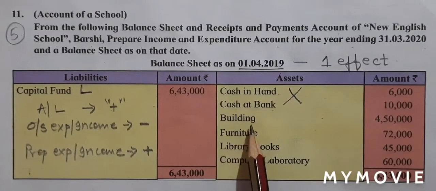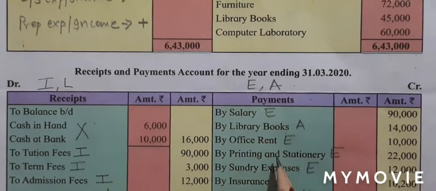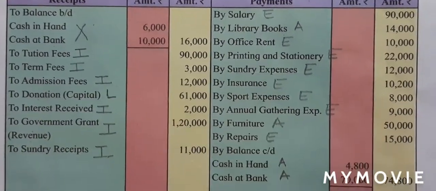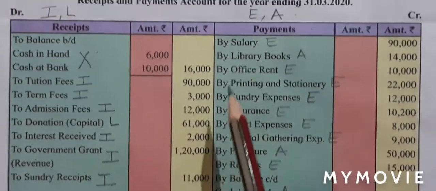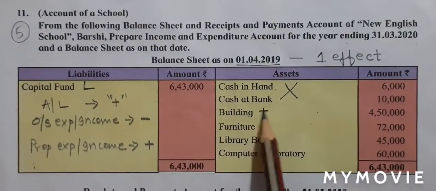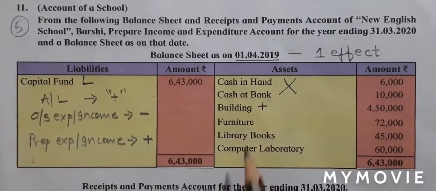Next is building. Let's have a look at the payment side. See, on the payment side, we do not have building. So I don't have to mark a star, which means over here, I will indicate it with a plus sign, which means I'll have to add it in my balance sheet.